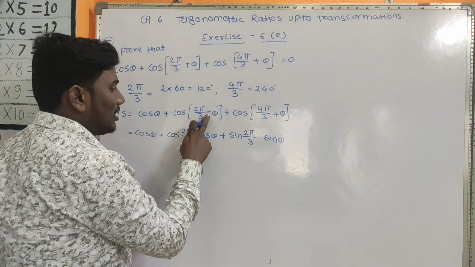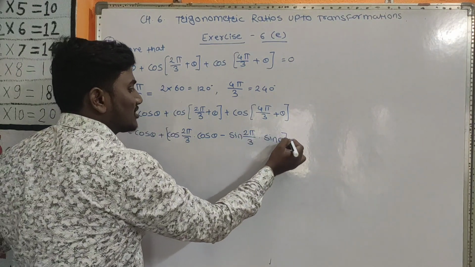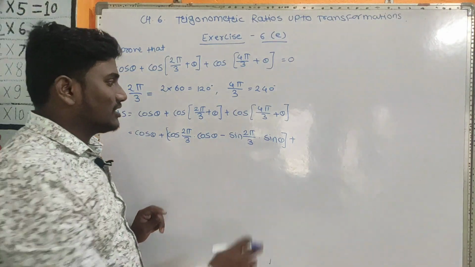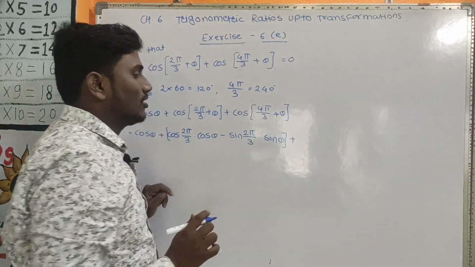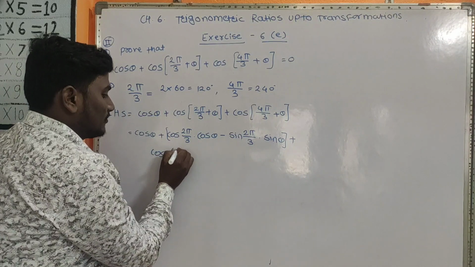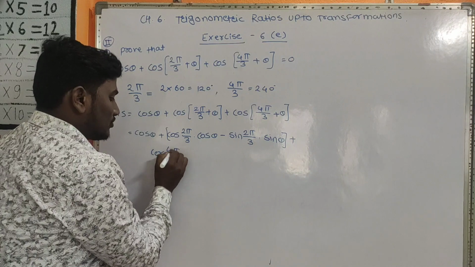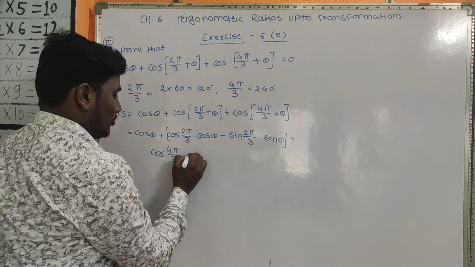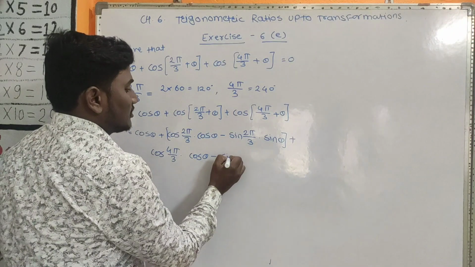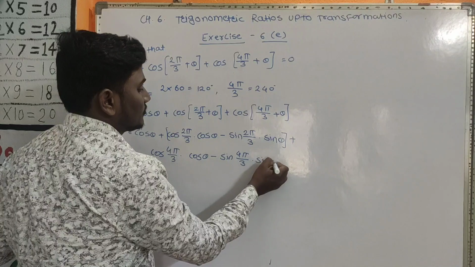We can remember here that plus becomes minus. So this is the first expansion of cos of 2 pi by 3 plus theta. Next, cos of 4 pi by 3 plus theta: cos 4 pi by 3 into cos theta minus sin 4 pi by 3 into sin theta.